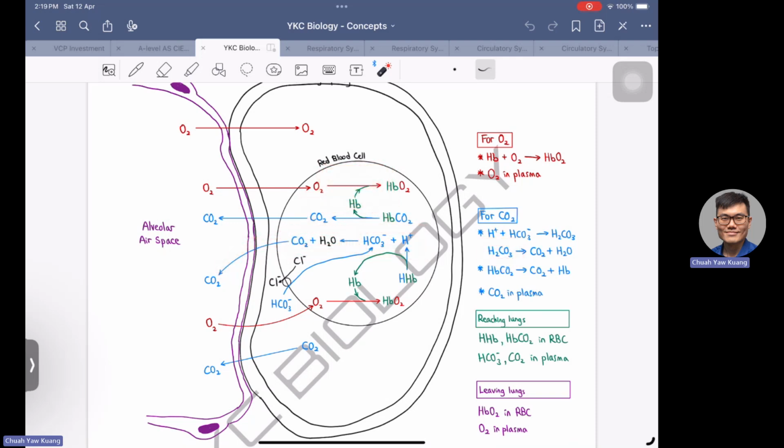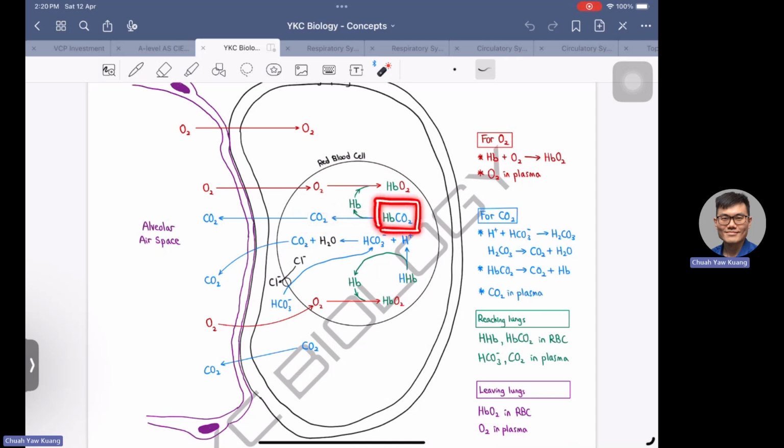Then for the second pathway, the carbaminohemoglobin. Due to the high partial pressure of the oxygen and low partial pressure of the carbon dioxide, the affinity of the hemoglobin towards the oxygen will be high, and this will lead to the dissociation of this carbaminohemoglobin and release the carbon dioxide.